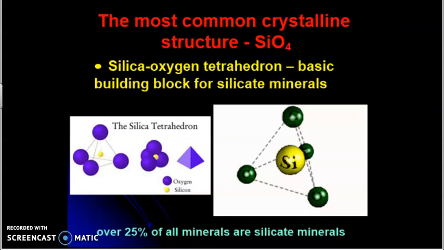And it is the basic building block for silicate minerals, and it can be combined in many different ways. 25% of all minerals are silicate minerals, and this silica tetrahedron can be ordered in different ways, which I'm going to show you on the following page.